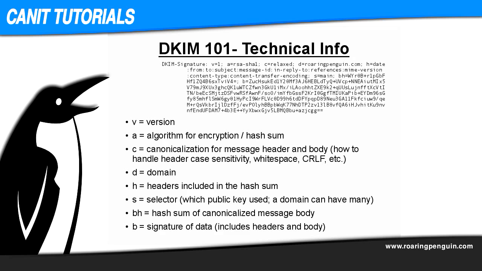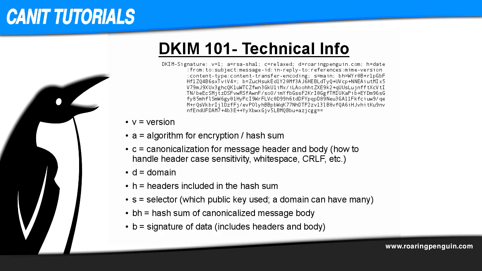Canonicalization is important because it's possible for some mail servers to make changes to a message while it's in transit, such as adding extra line space or changing a message's headers with different capitalization and spacing. DKIM includes a few options for how tolerant to be about these changes. The domain tag tells the checker which domain the mail is from.